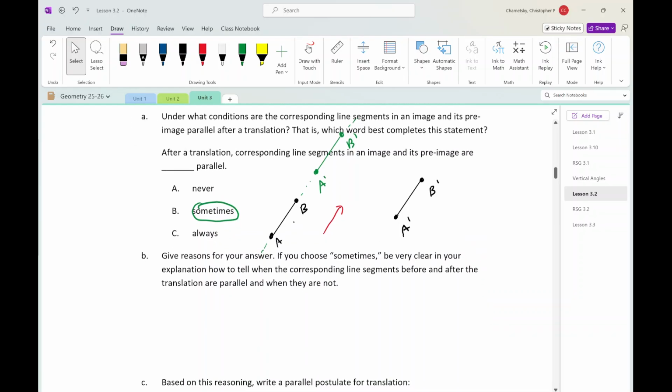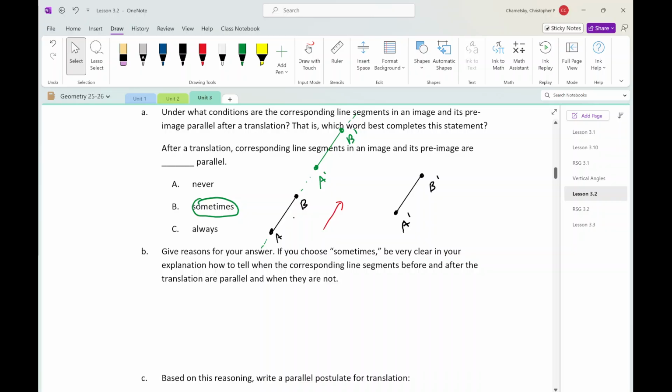So sometimes happens when the image segment is on the same line as the pre-image.